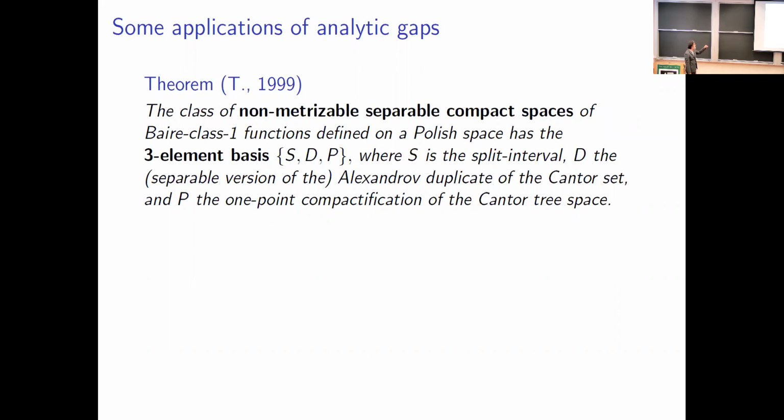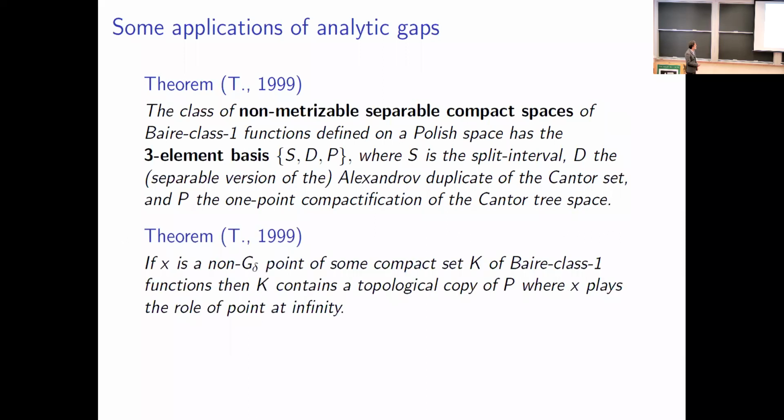So this is a locally compact space. You compactify. That's representable inside the Baire class 1 functions. It has this point at infinity, very complicated, meaning a very high character. This is why it's not metrizable. And it turned out actually this is the canonical object: every non-G-delta point contains a copy of this, with this x playing the point at infinity.